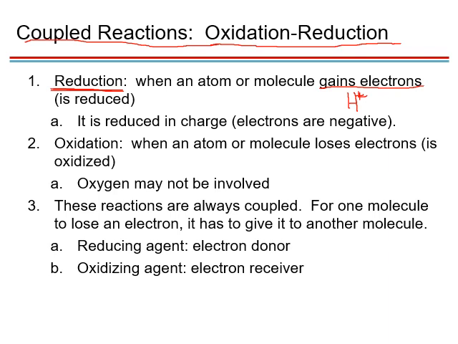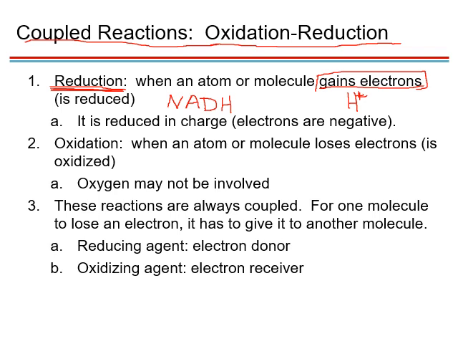So whenever you see the molecule, we'll be talking specifically about one, nicotinamide adenine dinucleotide, NAD. When you see it gain a hydrogen ion, it has also gained a pair of electrons. So going from NAD to NADH means it's been reduced.